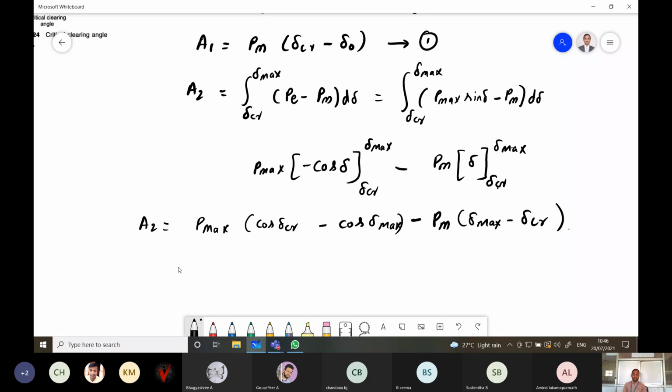For the system to be stable, area A2 must be equal to area A1. This is equation number 2. So equate equation 1 and 2, and simplify.